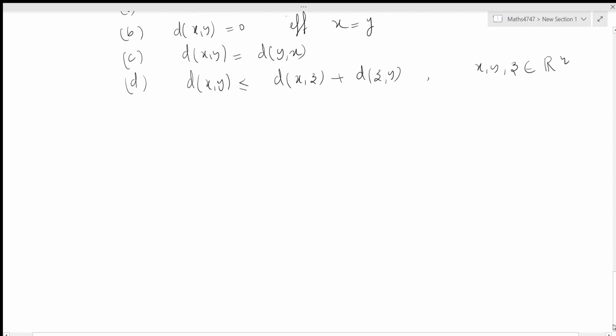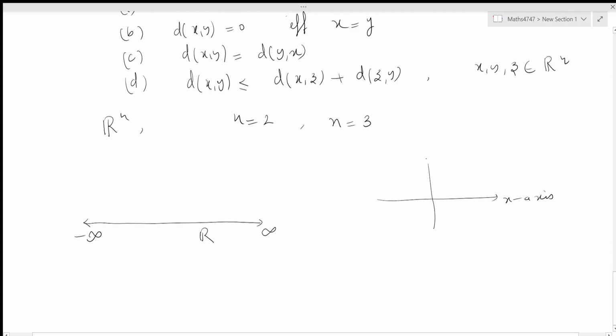Now guys, what is R^n? Let me first introduce what R^n is. If we take n as 2 or n as 3, this is your real line, from minus infinity to infinity, and in two dimensions there is the x-axis and the y-axis, so this is your R^2 plane.